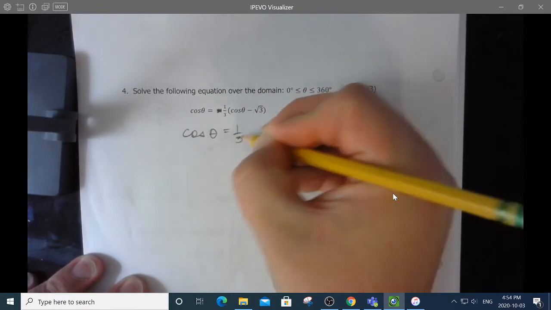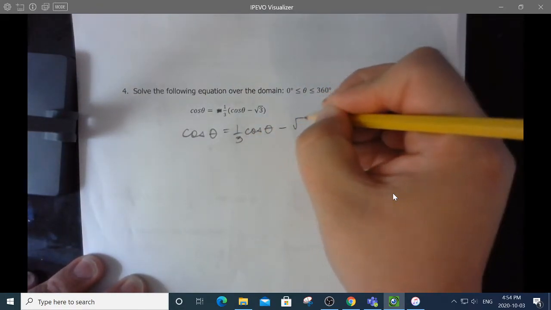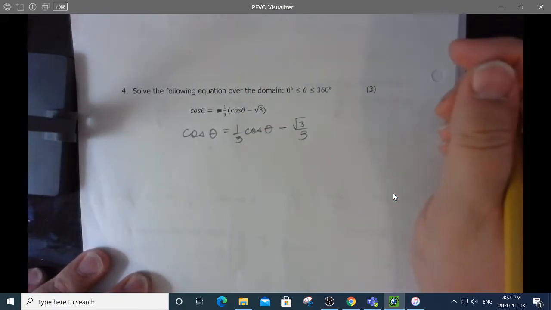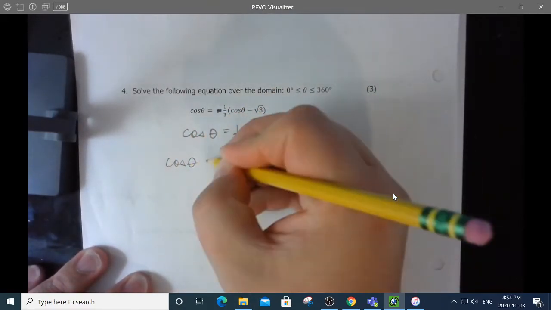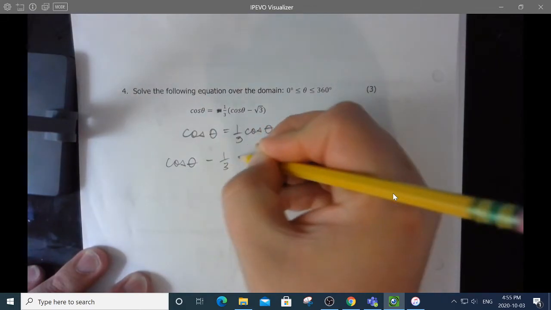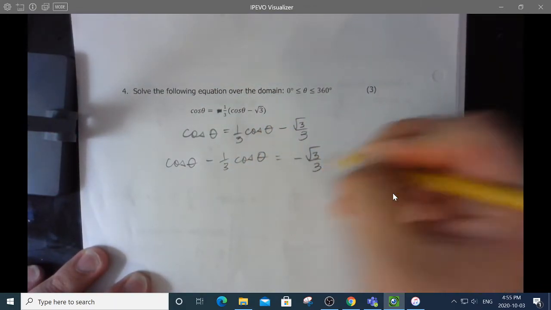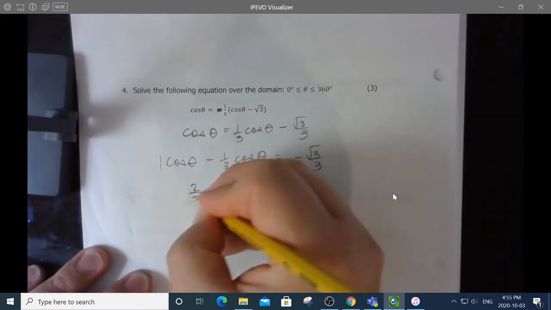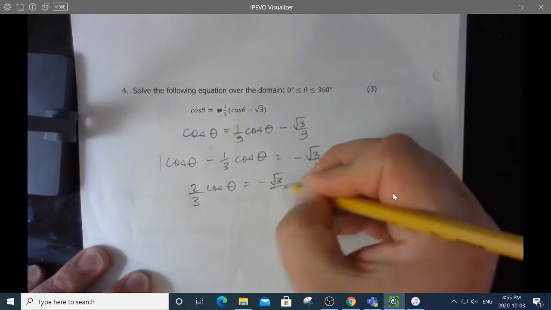So that's 1/3 cos theta minus √3/3, and then I can move the 1/3 to the other side, so that would be 1 cos theta minus 1/3 cos theta equals -√3/3, and think of 1 minus 1/3 as 2/3 of cos theta equals -√3/3.